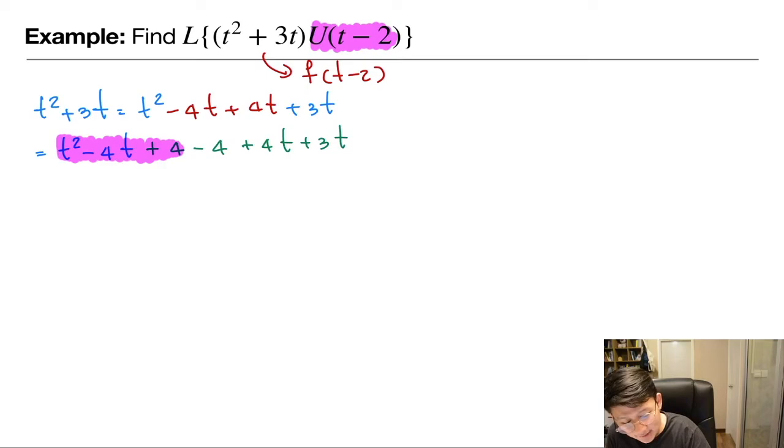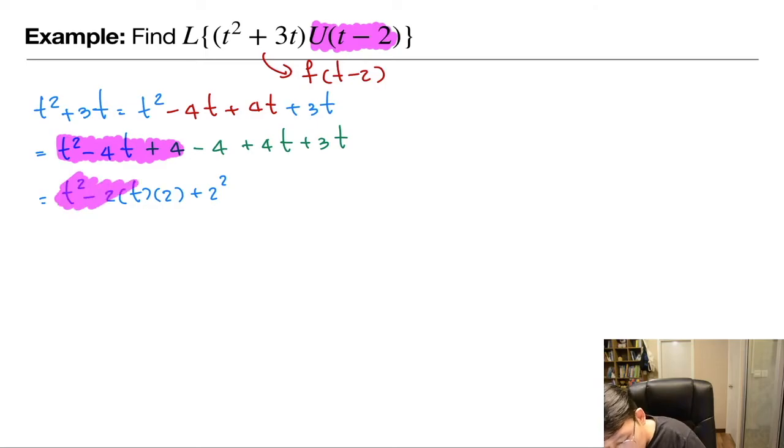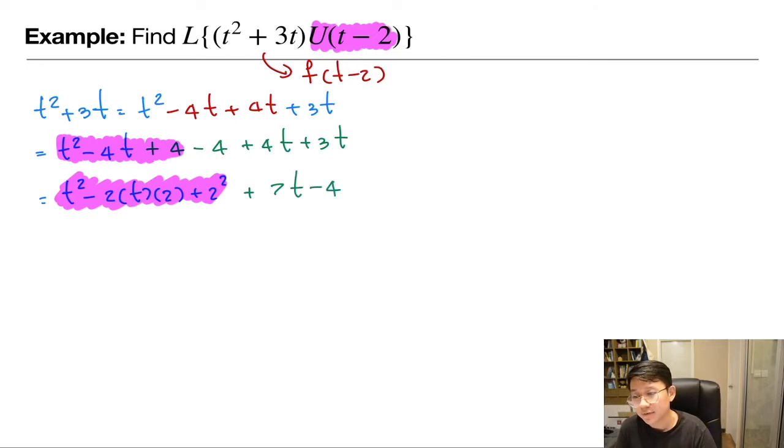Because if you look at here as the a, okay, let me write it down a little bit. t squared minus 2 times t times 2 plus 2 squared. Okay, here is the expression in pink, and the rest would be plus 7t minus 4.